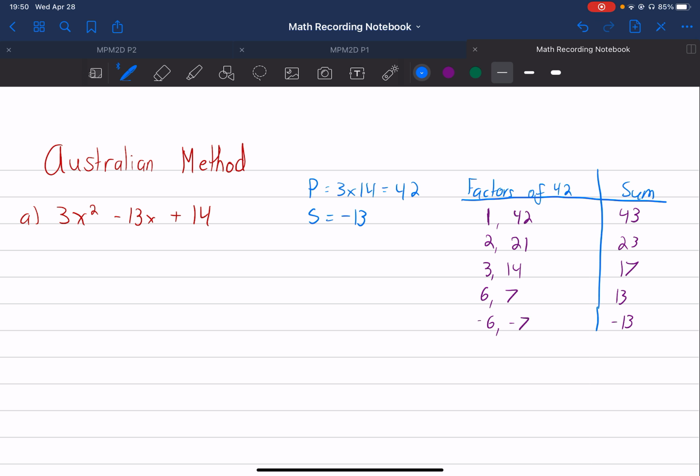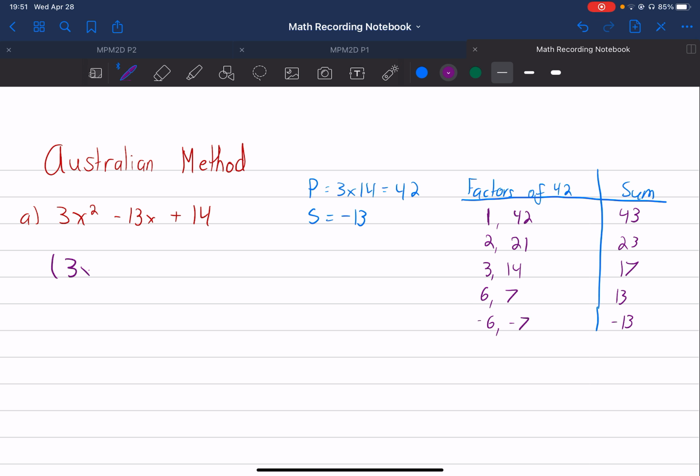Okay, so what we're going to do here with the Australian method, which is slightly different than the methods we've been using before, instead of decomposing the negative 13 into negative 6x and negative 7x, we're going to open up our brackets.